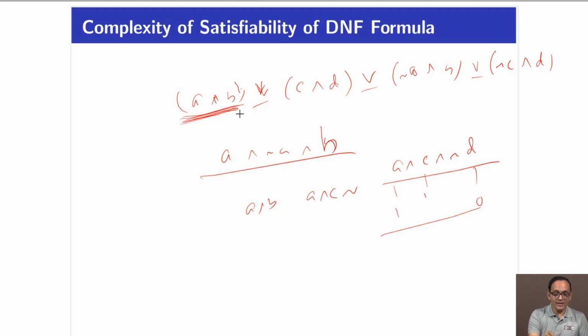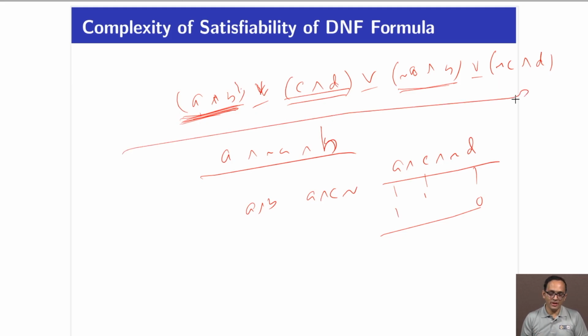And let us say this has A and not A, then I will check the next one. This also has A and not A, then I will check the next one, and then the last one. So you are checking the entire formula at most once. If the first term works, as in my case A and B, I just assign 1, 1, it becomes 1, and I don't need to check the rest.